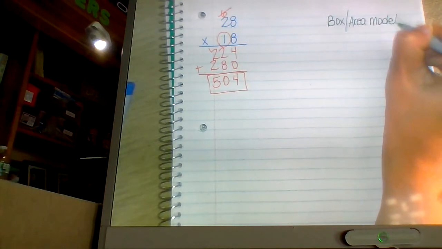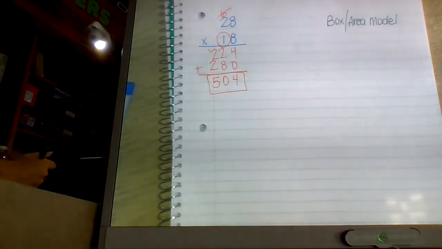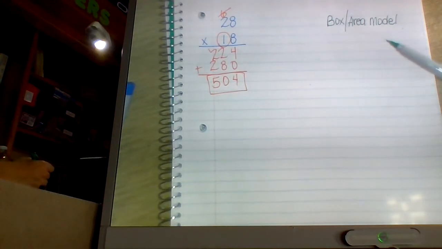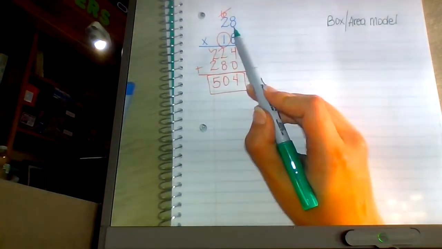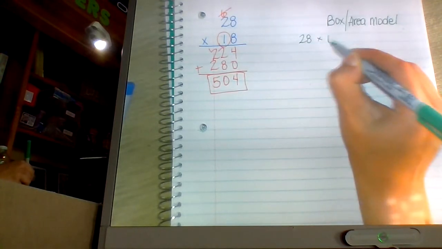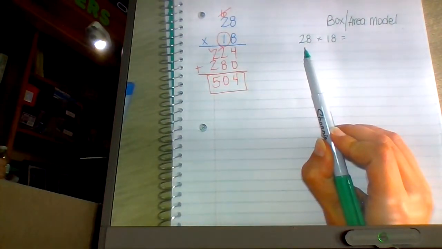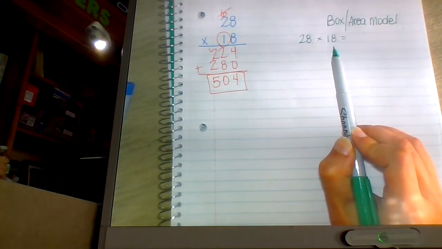So let's use the exact same factors of 28 and 18 while we use the box or area model. So I have 28 and 18. Now, the first thing we need to do is find the expanded form of 28 and the expanded form of 18.